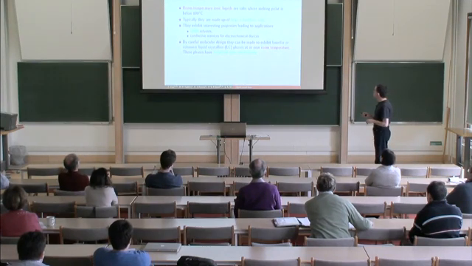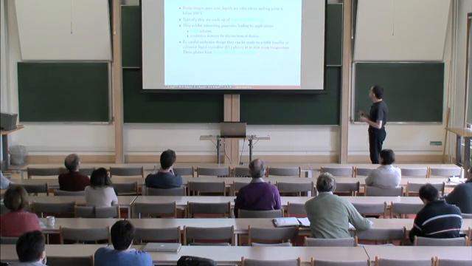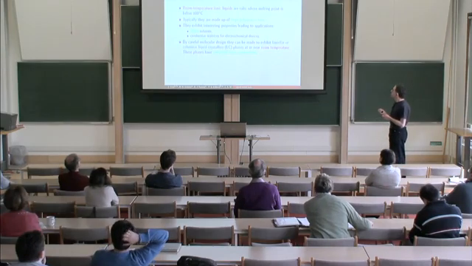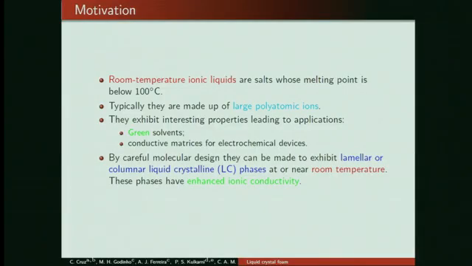Okay, so just a few words on room temperature ionic liquids. First, what they are. They're basically salts whose melting point is somewhat conventionally defined to be below 100 degrees C. This contrasts with the usual molten salts like sodium chloride, cesium chloride, etc., which have melting points in the thousands of degrees range.